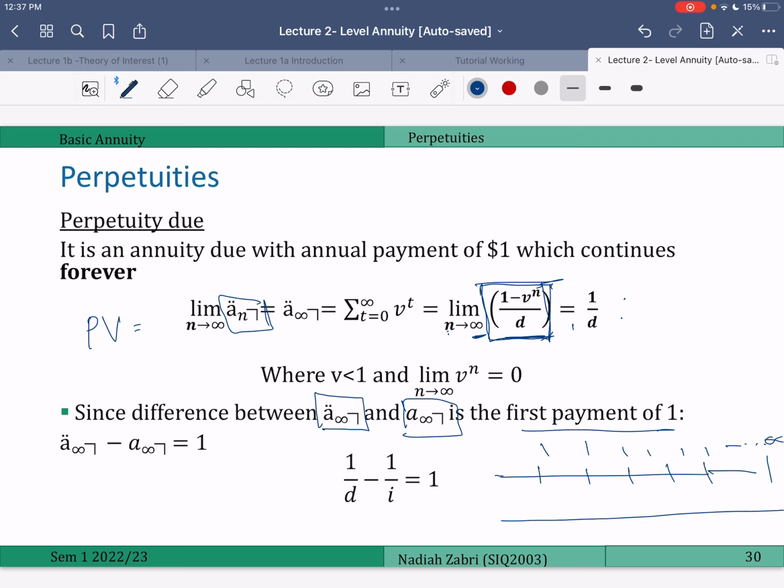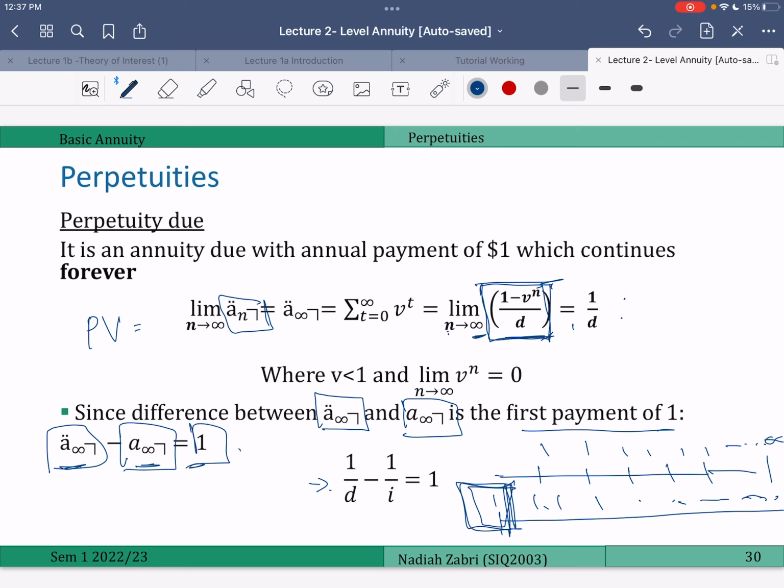But the present value for annuity due is 1 1 1 1 1 1 1 until infinity. So the only difference is this part, right? So perpetuity due minus perpetuity immediate is equal to 1. The difference is 1. So that's why we get this relationship: 1 over d minus 1 over i is equal to 1.